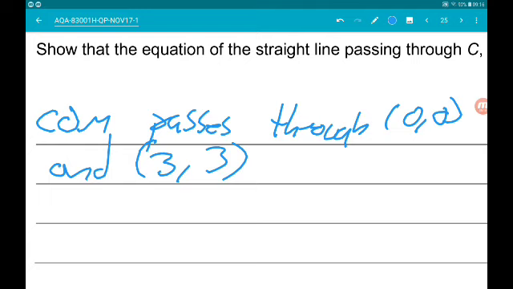Both of those coordinates have the same coordinates, x and y are the same. So y is equal to x, because the coordinates are the same.